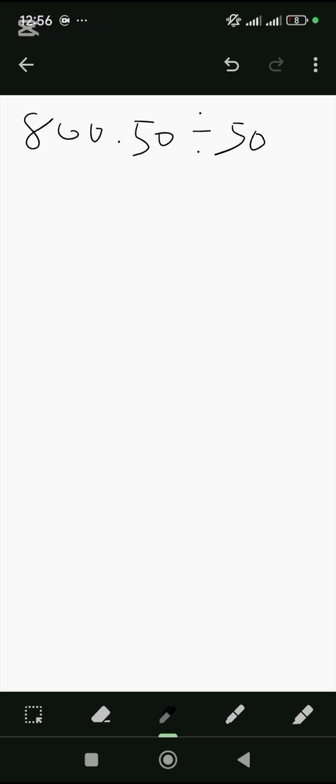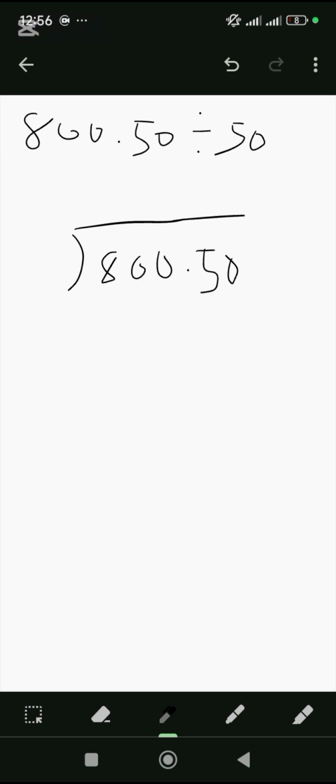Let's take another example where we have 800.50 divided by 50. And so we can have this 800.50, and we can have 50. Okay, how many 50 are in 80? That will be 1.